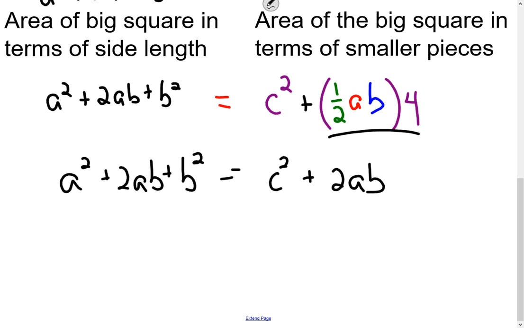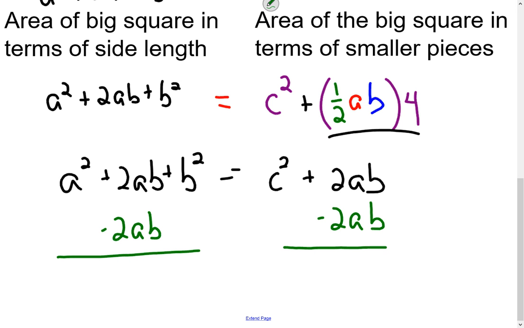What you notice here is I have 2ab on both sides, so I'm just going to subtract it from both sides, and now it's gone. So the left side of my equation now says a squared plus b squared, and the right side says c squared.